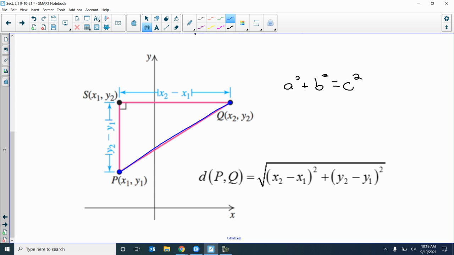It's going to be the difference between your x values. It's just going to be that horizontal leg. So you start at your point, you draw one vertical, you draw the other horizontal, they meet at a right angle. Your vertical leg is going to be the difference of the y values. That's all it is. Now, all they've done here is take the square root of C squared to get C. So that's all it boils down to.